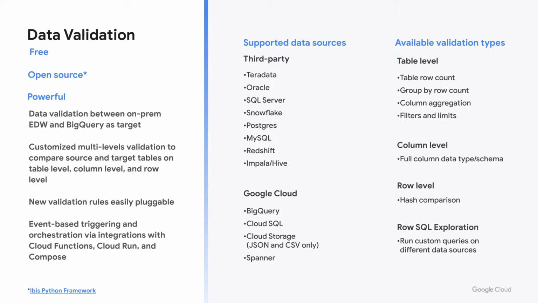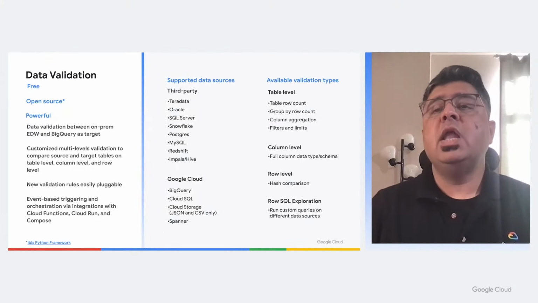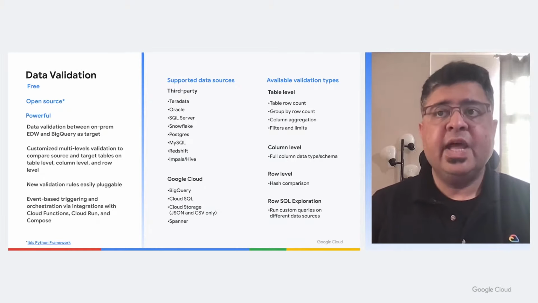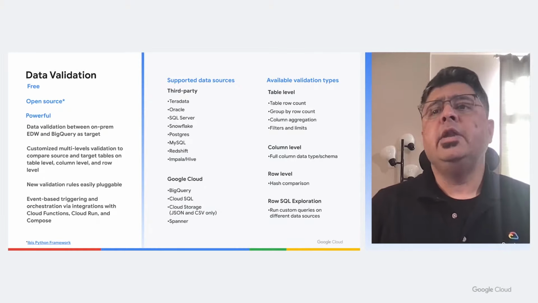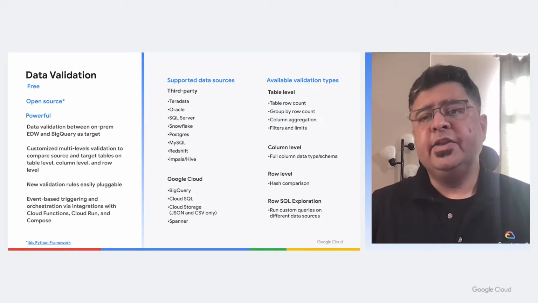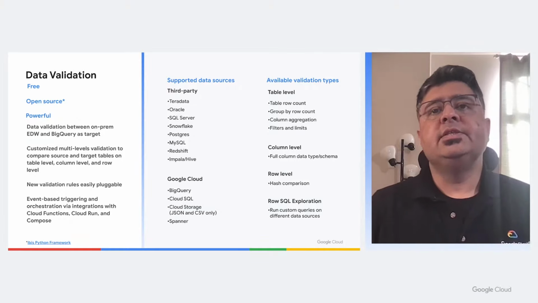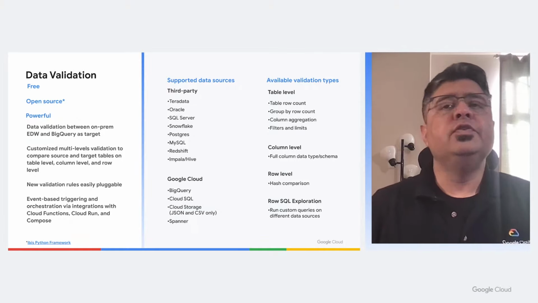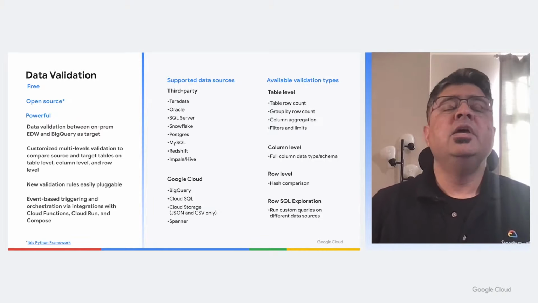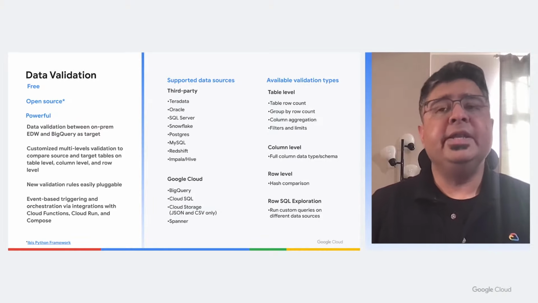Number three, there is event based triggering and orchestration available via integrations with other Google Cloud services such as Cloud Functions, Cloud Run, and Cloud Composer. This service also supports a large number of data sources, which means a large number of dialects. So this service is a very useful tool to give you peace of mind that your migrations are indeed successful.